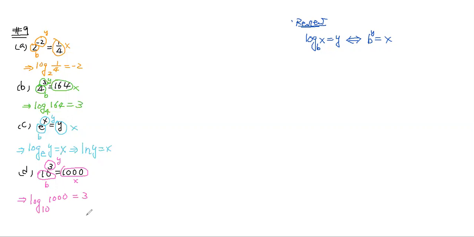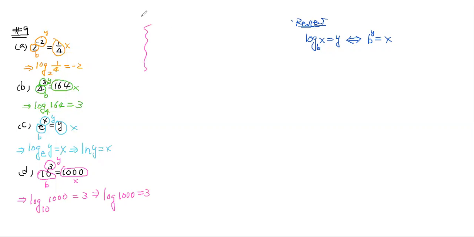That's how you write it. Log base 10 is a very special function. What is it? Typically, we don't write the base. We just write log of 1,000. It's pretty straightforward, right?